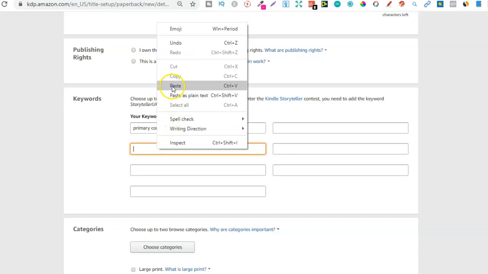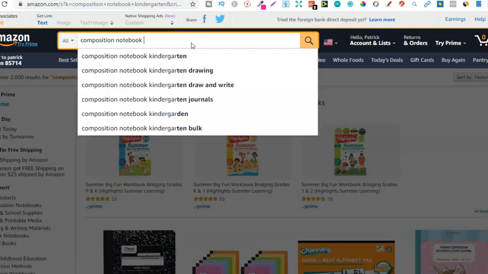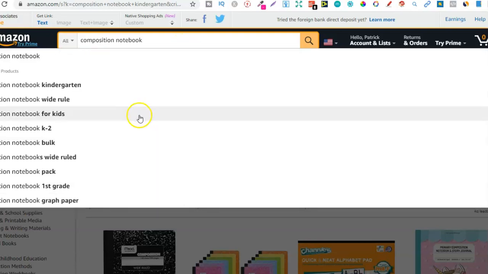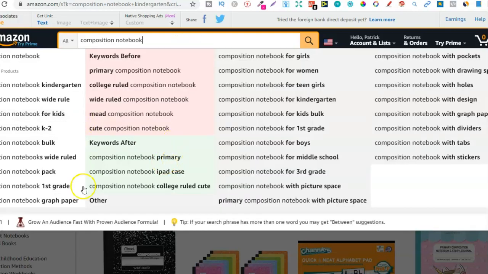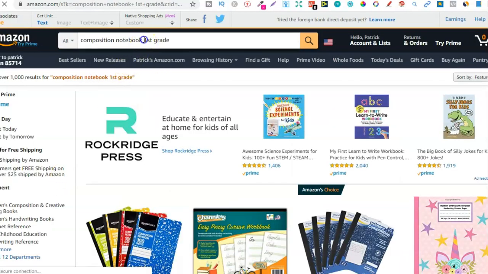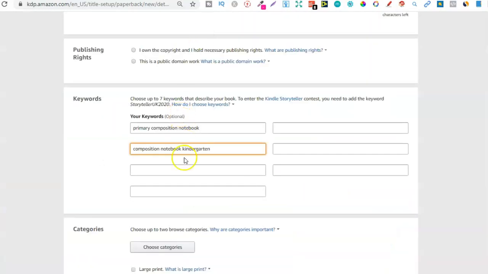And let's just do a couple more. So these are long tail keywords. So let's do that again. Let's just get this one. Let's take that one as well. So these would be long tail keywords.